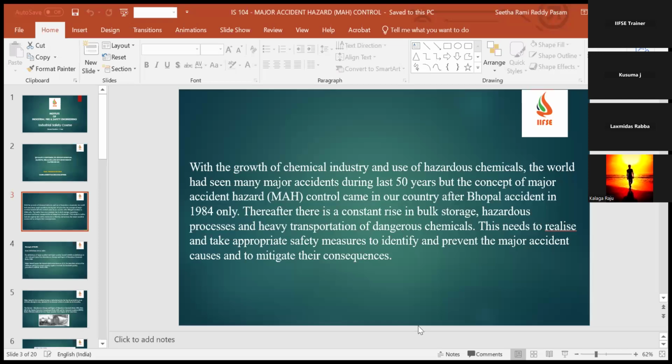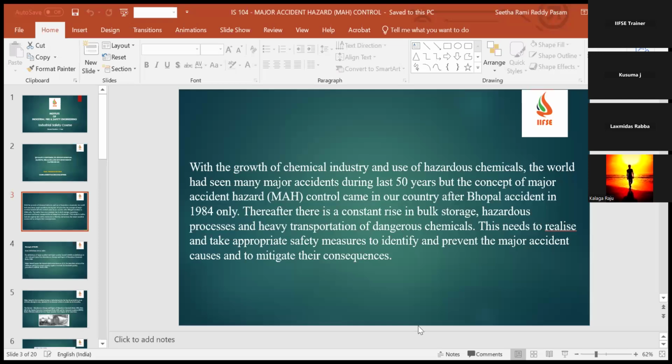So thereafter, there was a constant rise in bulk storage, hazardous processes, and heavy transportation of dangerous chemicals. This needs to be realized, and appropriate safety measures taken to identify and prevent major accident causes and to mitigate their consequences.